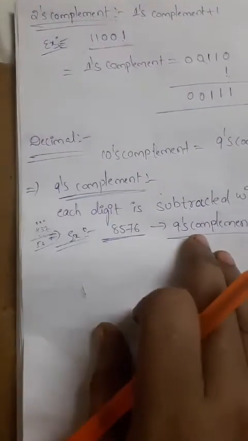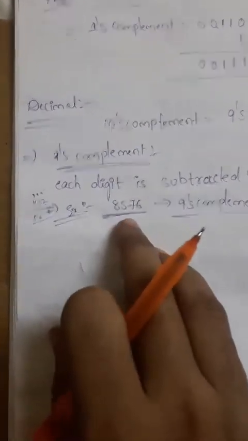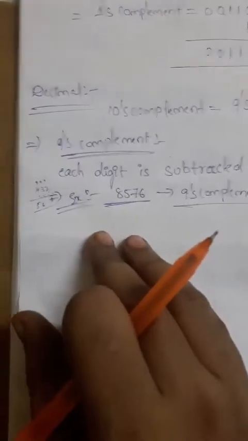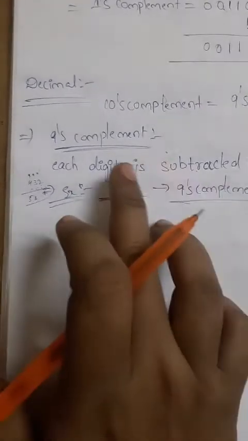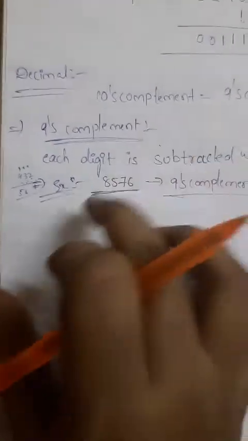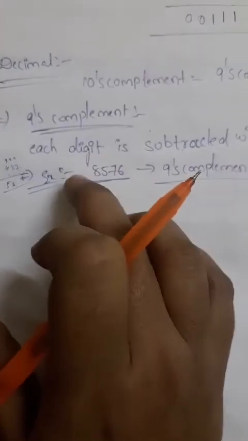For this, we need to subtract each digit of 8576 from 9.